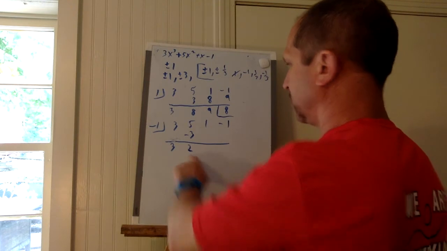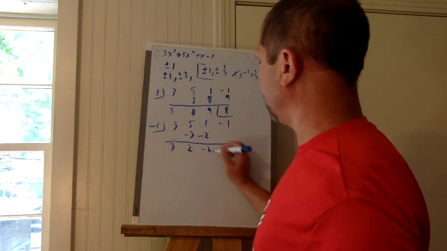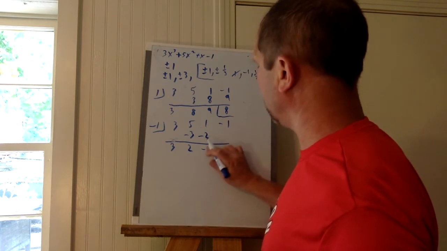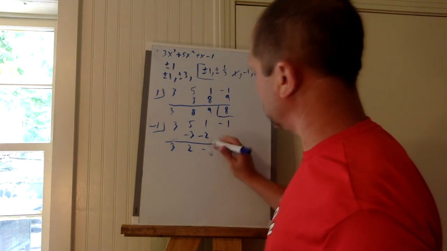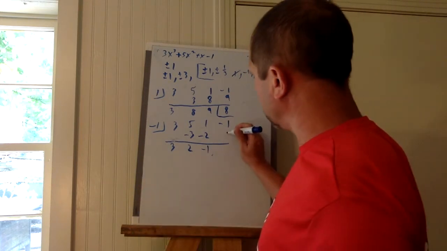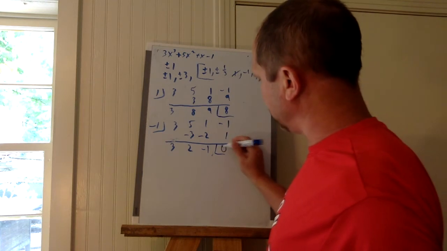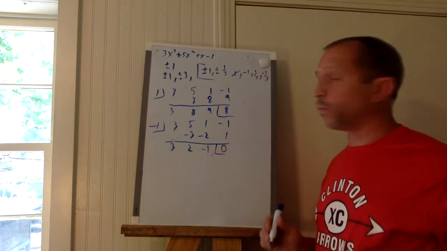Negative 1 times 2 is negative 2. Negative 2 plus 1 is negative 1, sorry, I can't even add anymore these days. Now, negative 1 times negative 1 is positive 1. And if we look here, negative 1 plus 1 is 0. So we found one of our roots.